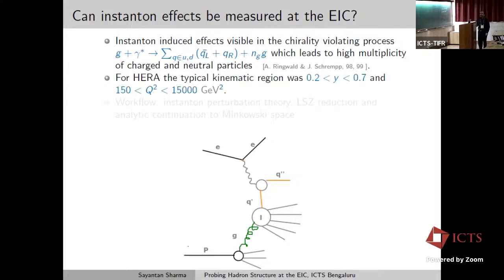And at HERA, it was discussed to look at the kinematic region which corresponds to a range of y between 0.2 to 0.7, and the Q squared values, the typical values of the momentum transfer by the photon, between 150 to 15,000 GeV squared.